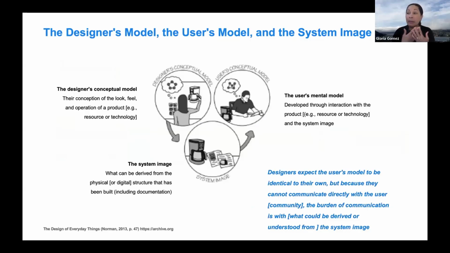Increasing empathy helps close the gap or distance between a designer's conceptual model, a user's mental model, and a resource or technology. A user develops a mental model through interactions with the system image of the resource. Successful communication through a resource depends on what users can derive from its physical or digital structure, the way it looks, the way it feels, and the way it's operated.